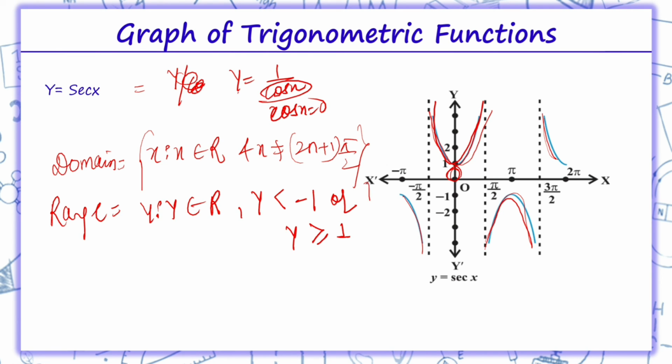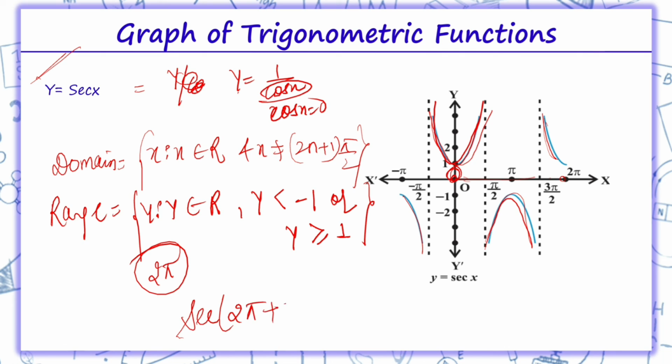So this is the range for this particular function. Now as we see over here, this value is again repeated after the interval of 2 pi. That means sec x is also repeating after the interval of 2 pi. So we can write sec of 2 pi plus x is equal to sec x.